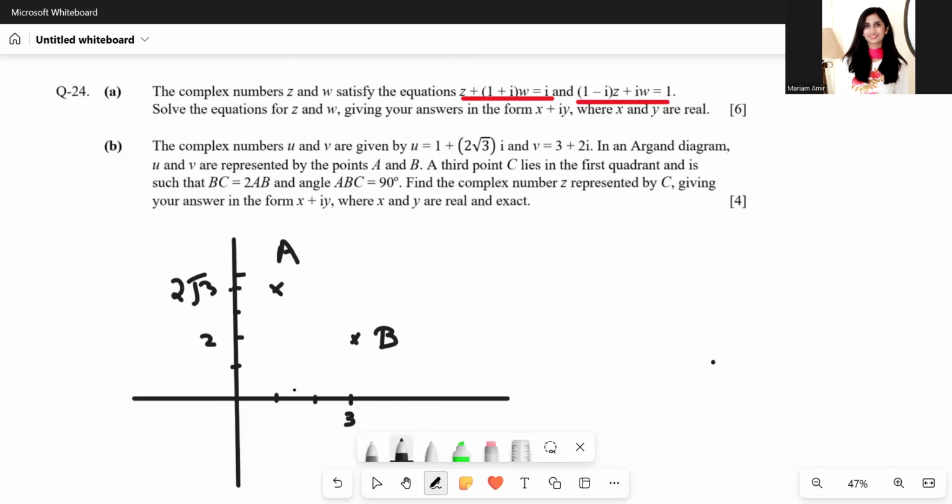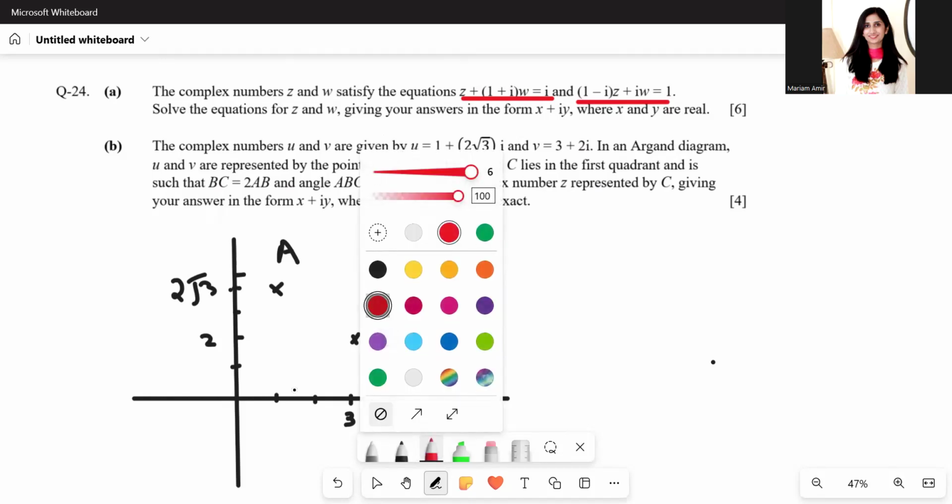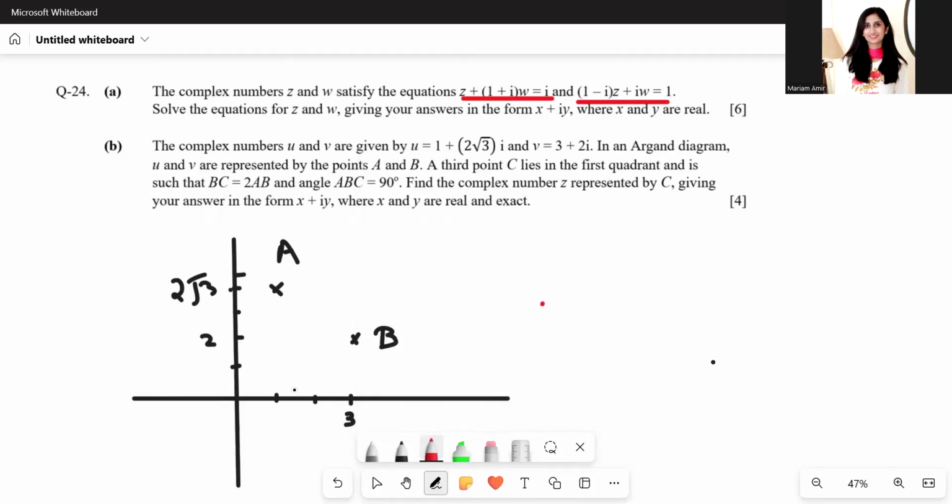All right. Now we're told that a third point C lies in the first quadrant and is such that BC is equal to 2 times AB, and angle ABC is 90 degrees. So if it lies in the first quadrant and ABC is 90 degrees, then C must be somewhere on this line at a right angle with AB.